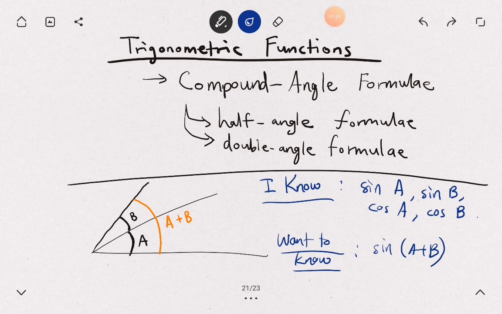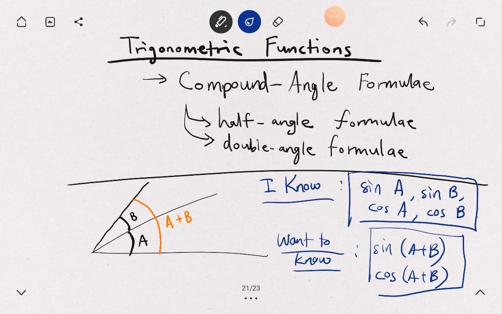So I know the sine and cosine for this angle and this angle, but I don't know for this entire thing A plus B. So now I want to use the information from here to find this information.